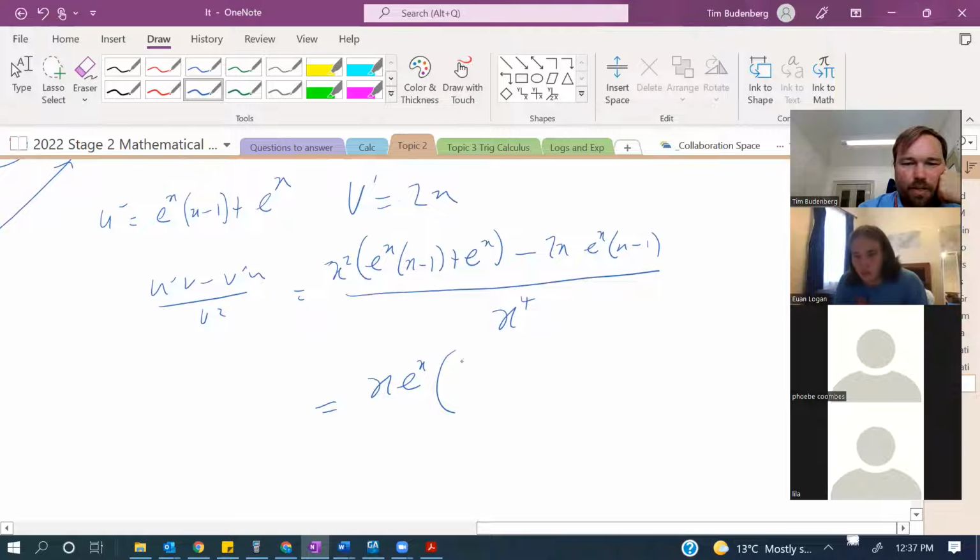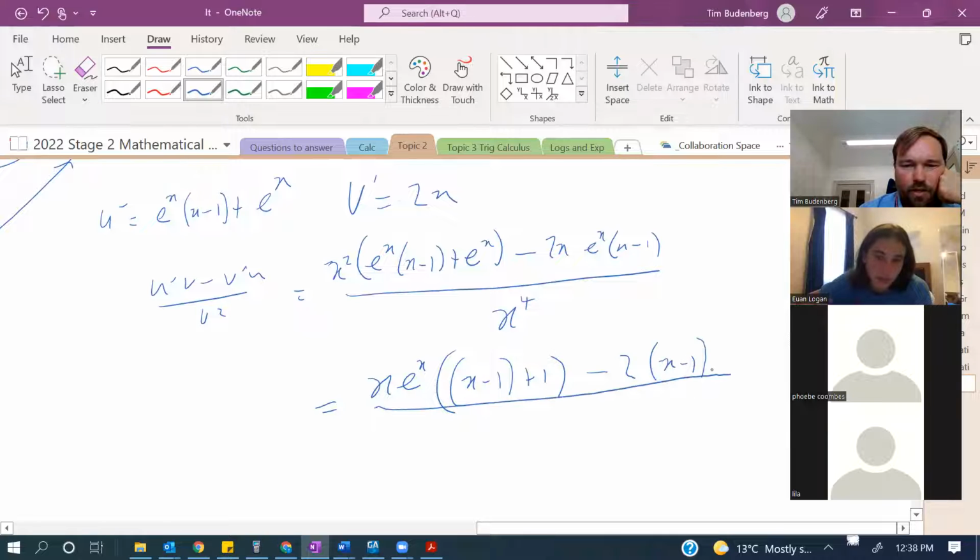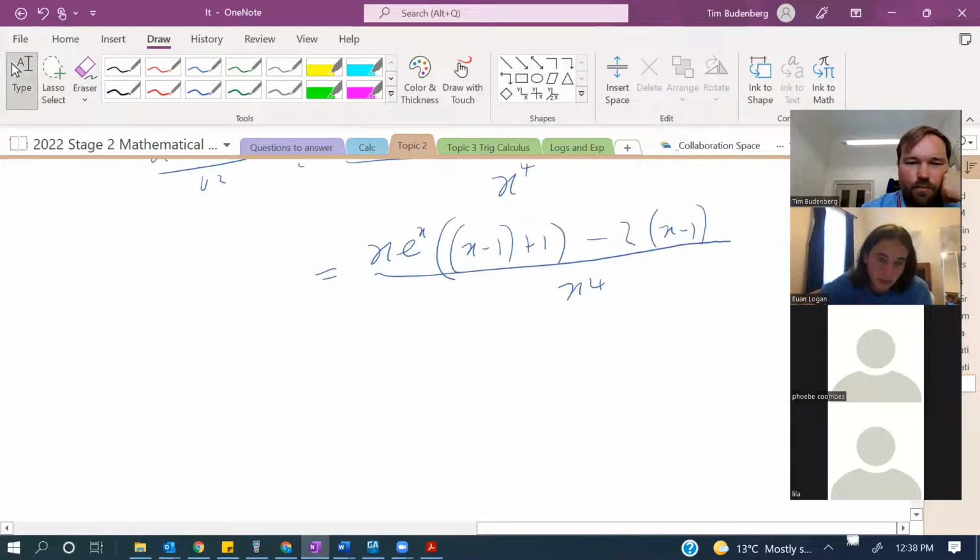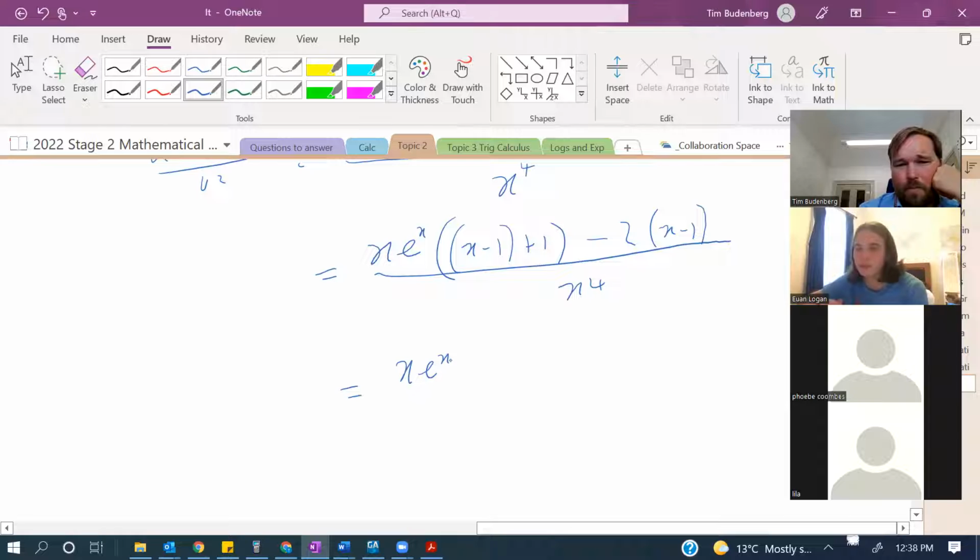That would leave me with x minus 1 plus 1 minus 2 x minus 1 over x to the 4, equals x e to the x. x minus 1 plus 1 is just x. x minus 2x is minus x plus 2 over x to the 4.